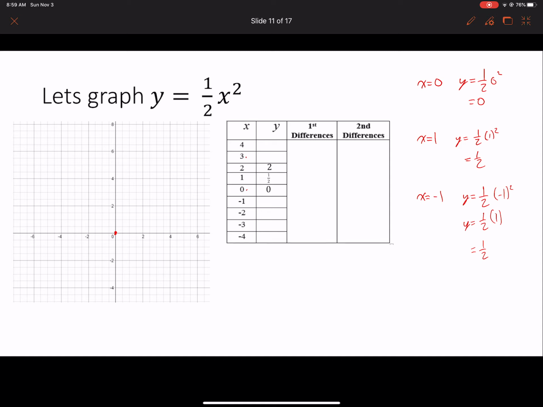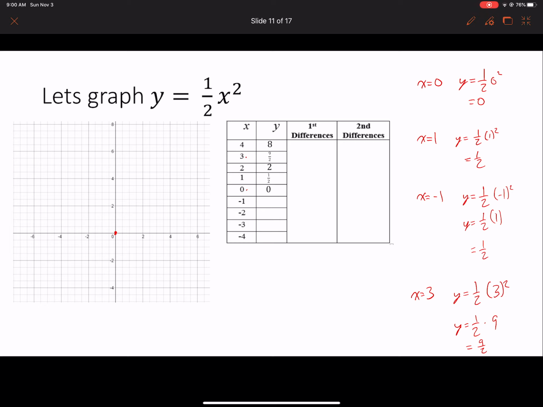When we substitute x equals 3, let's do that here. Y equals half 3 squared, which is equal to half of 9, which is equal to 9 over 2. All right. Then we substitute 4. We end up getting 16 over 2, 8. And then we put the negative values, and of course it's symmetric.